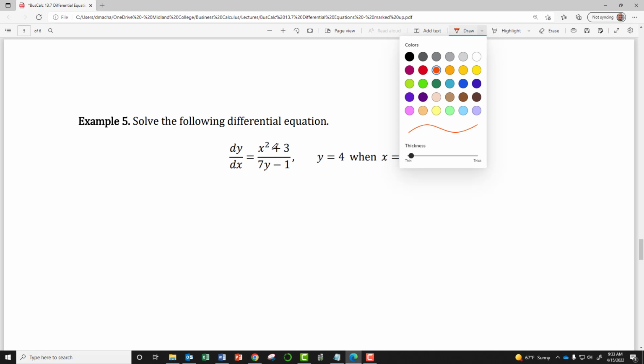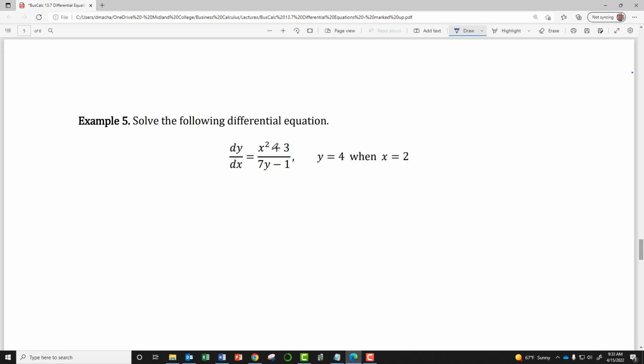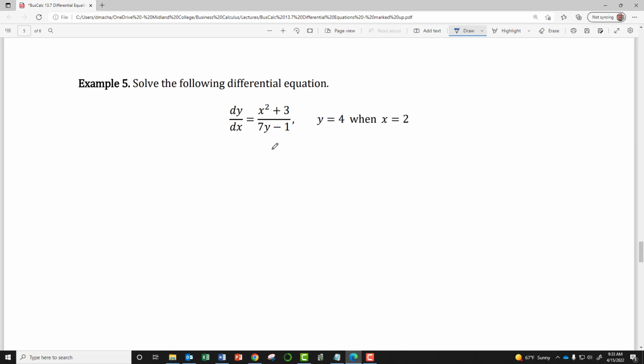We're just going to do nice, easy, plain old math problems here. So what I'll do here to solve this is I'm going to multiply both sides by 7y minus 1. Okay. So on the left side, I have 7y minus 1 times dy/dx. And on the right side, I'll have x squared plus 3.